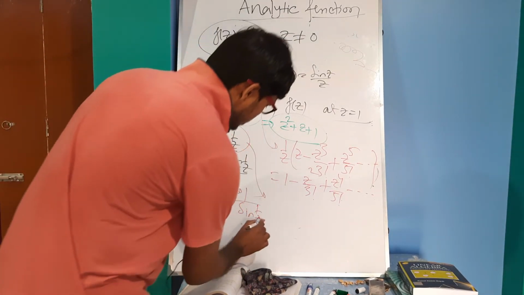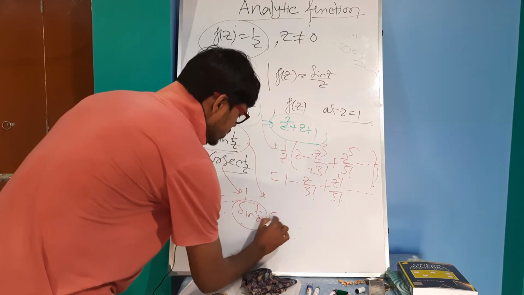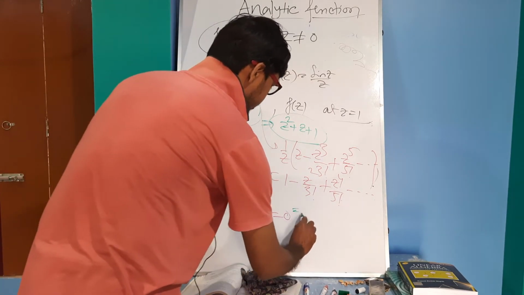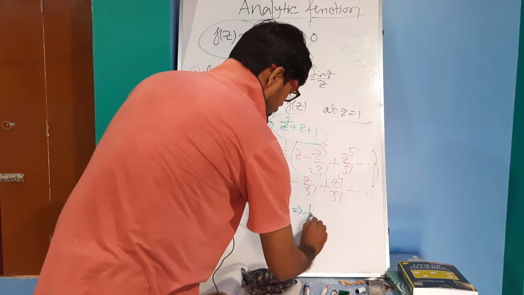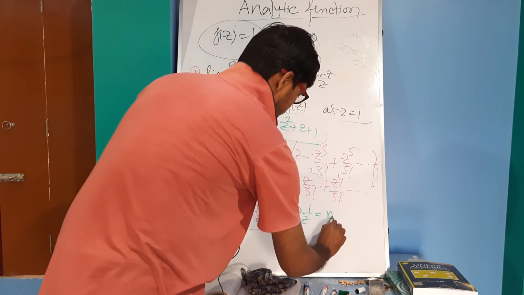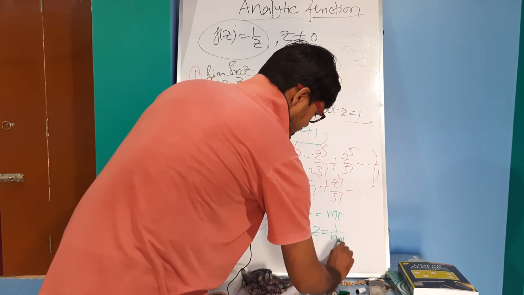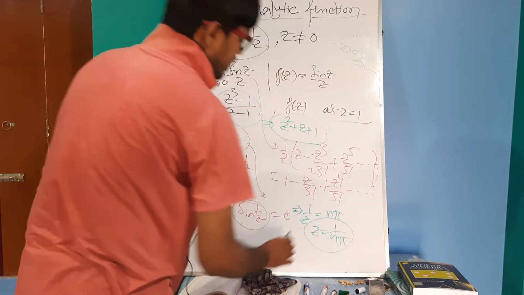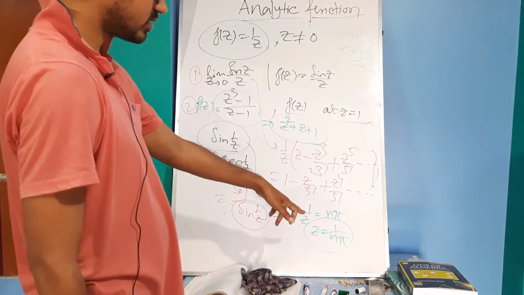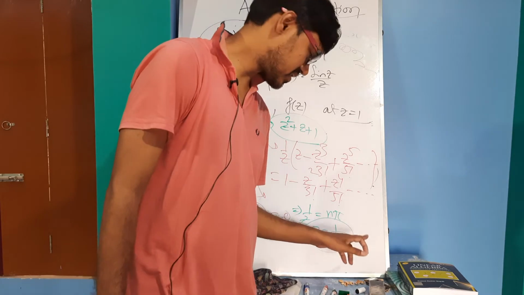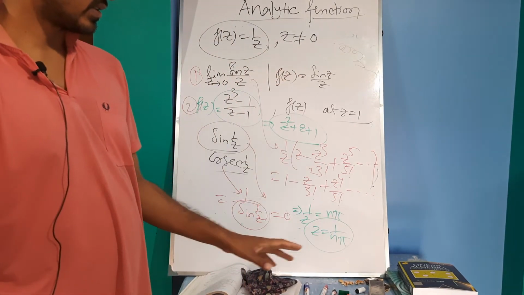So just put sine 1 by z equal to 0. From there you will find 1 by z equal to n pi and z equal to 1 by n pi. So these are the singularities. If you put n equal to 1, that is at 1 by pi, at 1 by 2 pi, 1 by 3 pi, these are the singularities.